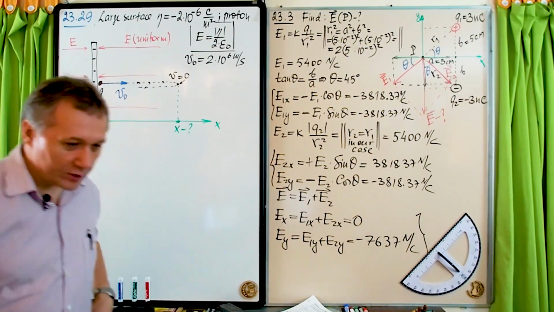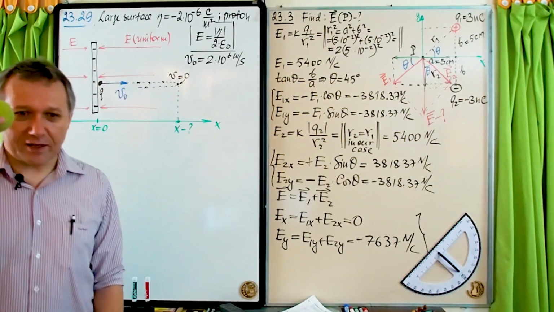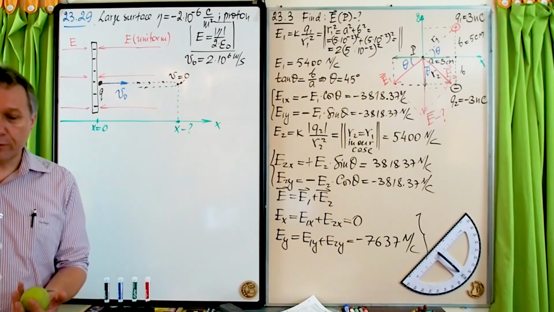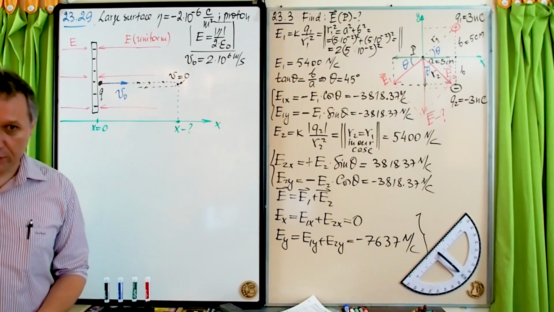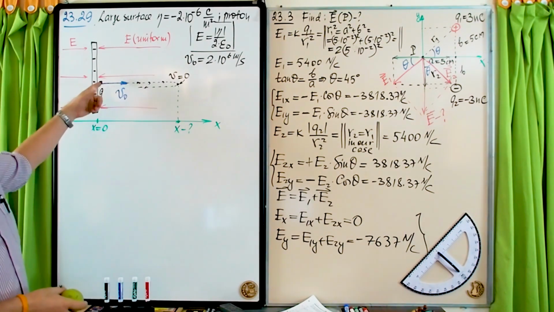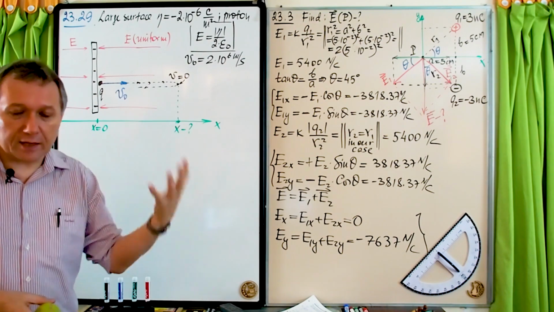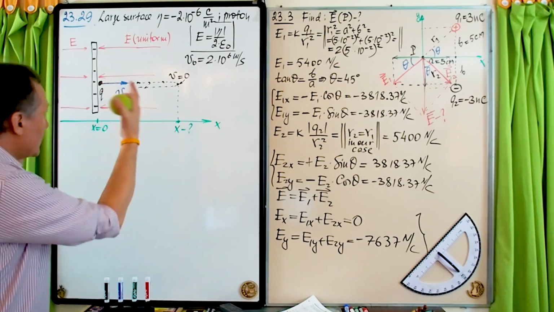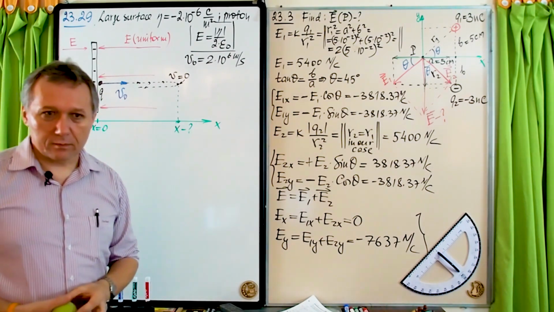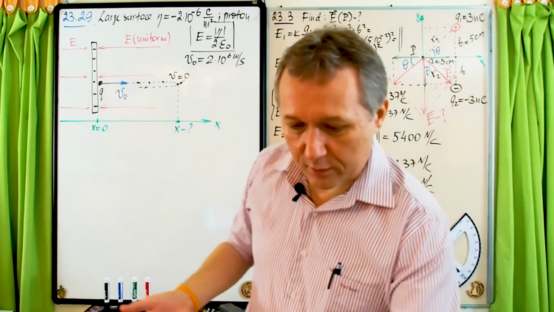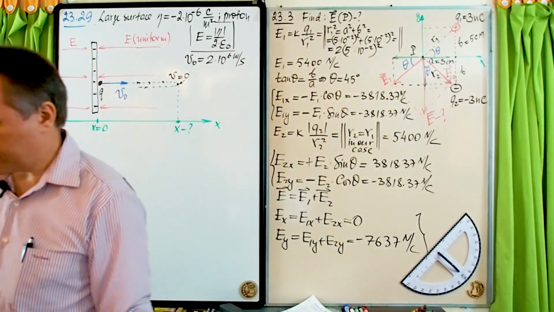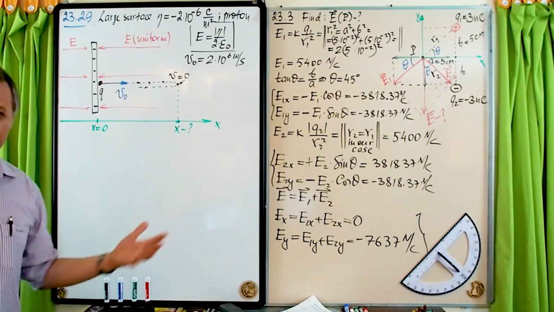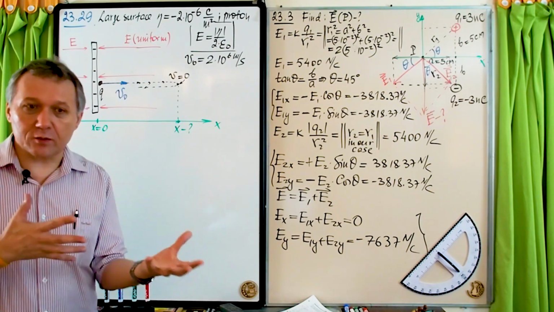When you drop this tennis ball in physics 1, it moves under the influence of the gravitational force. Here, the proton moves under the influence of the electric force. That's the only difference, the nature of the force. Otherwise, it's a physics 1 problem. So we're going to use plenty of stuff from physics 1. It's a good mixture of physics 1 and physics 2.